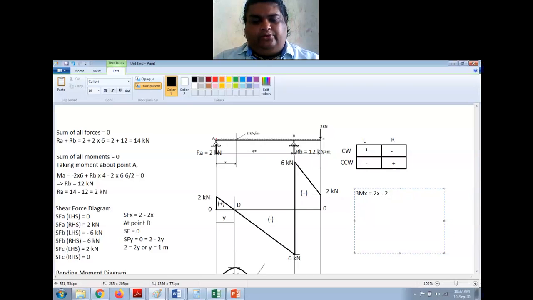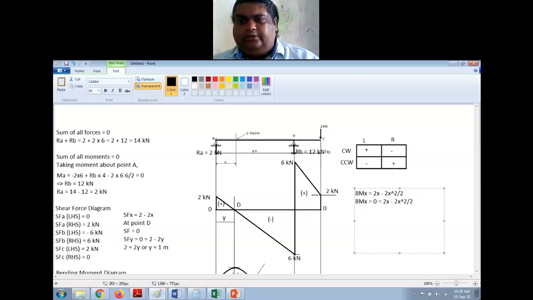Minus 2 into x by 2, or 2x square by 2, right? Now at x, we have BMX equal to 0. So this value is equal to 0, which is equal to this, right? So I have to solve for x from here.